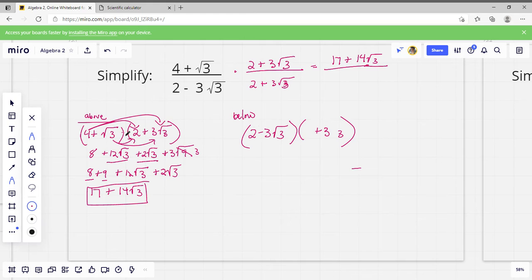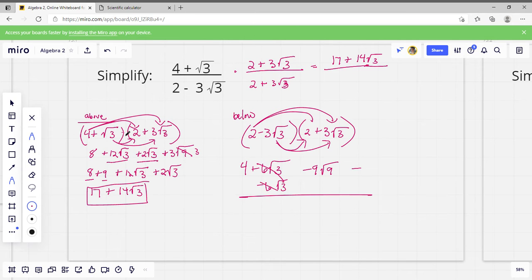Start over. All right, 2 times 2, 4. Easy peasy. Now 2 times 3 times the square root of 3. 2 times 3 would be 6. It's a positive 6 times the square root of 3. There we go. Now right here, it's the same thing, but it's negative 6 times the square root of 3. And then here we would have negative 9 times the square root of 9.